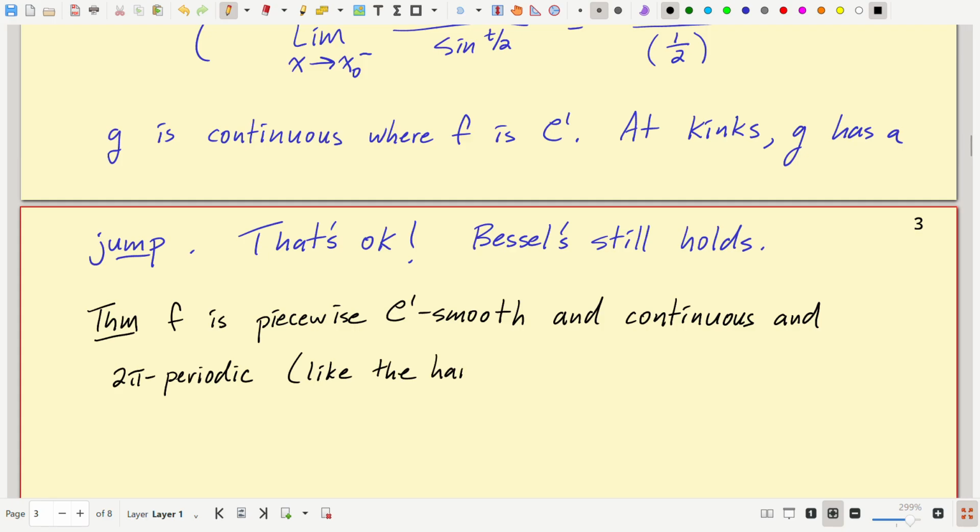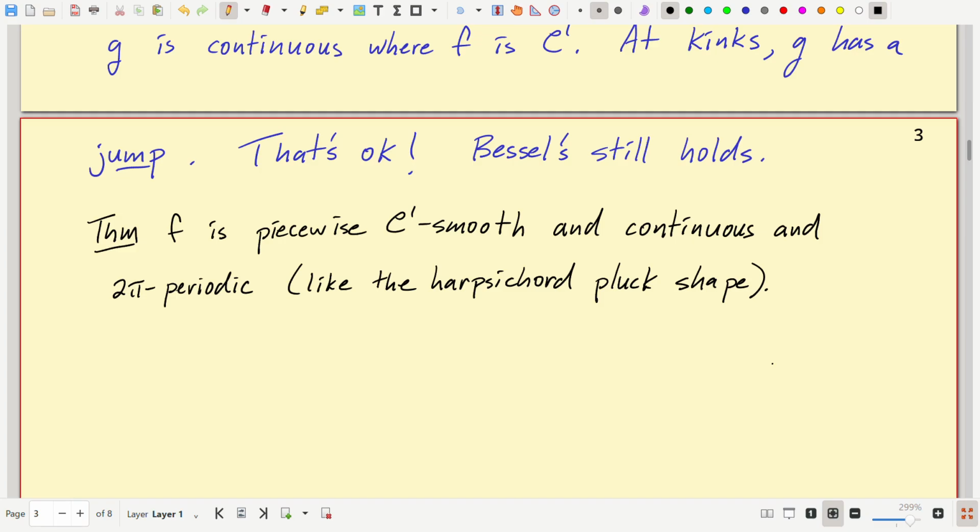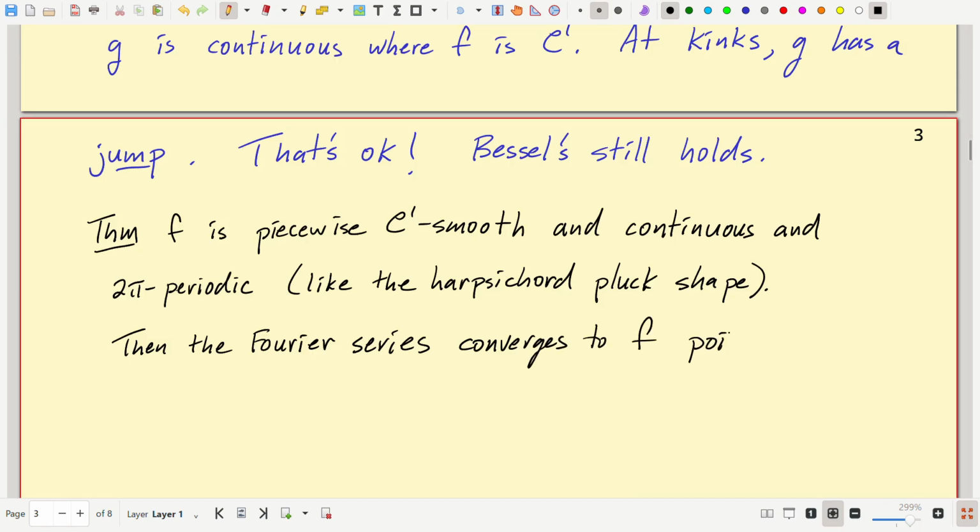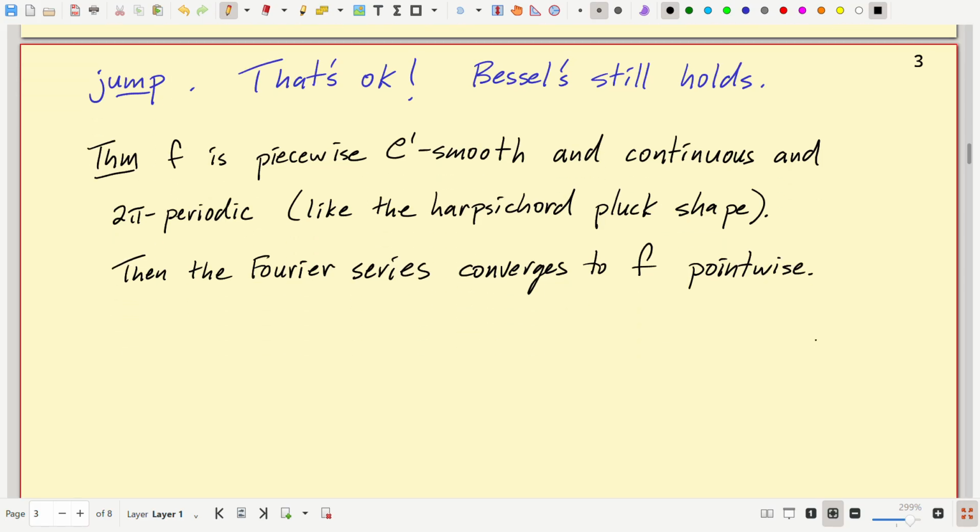Pluck shape. Then the Fourier series converges to f pointwise.